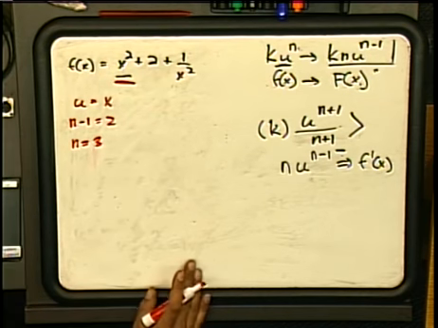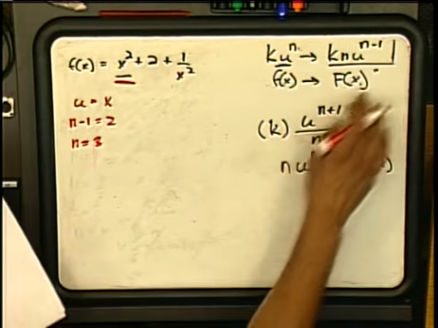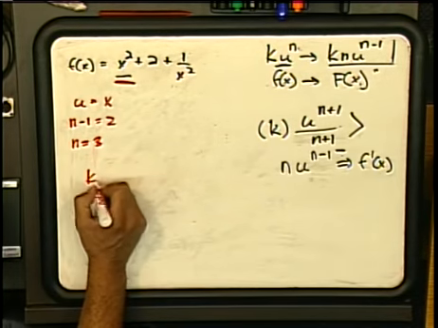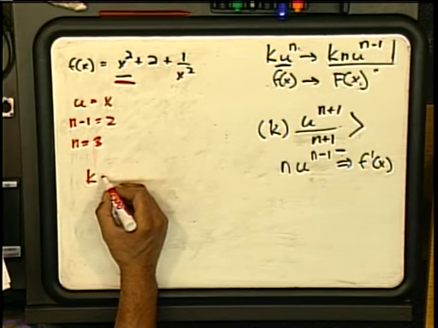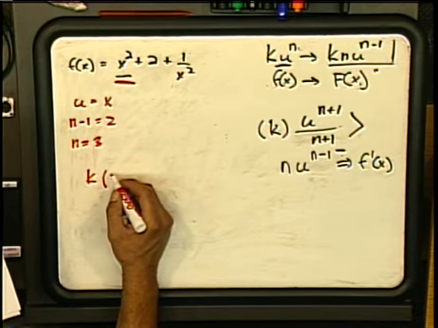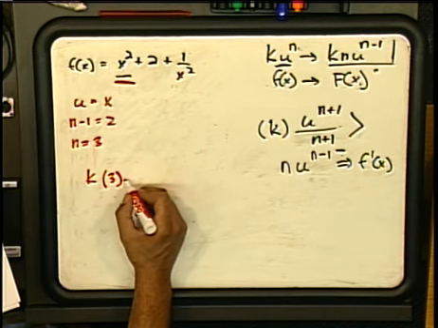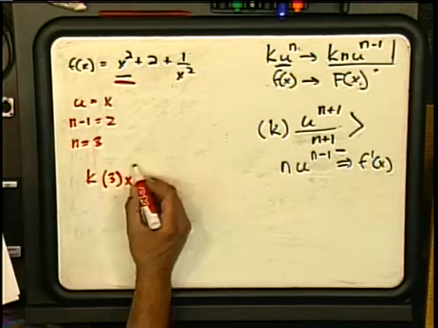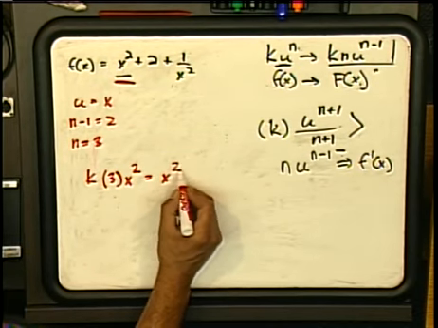And then let's do it like this: k to the n. I wonder if that's what we didn't do last time. Put that n right here, to the u to the n minus 1 equals x squared.